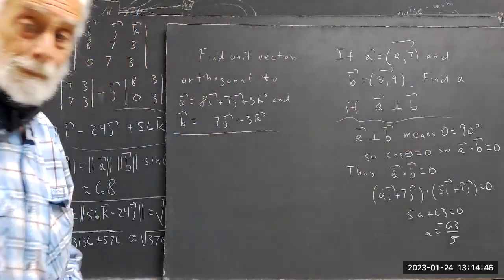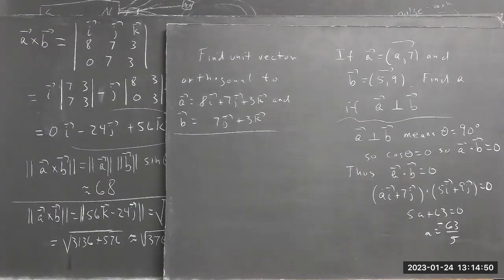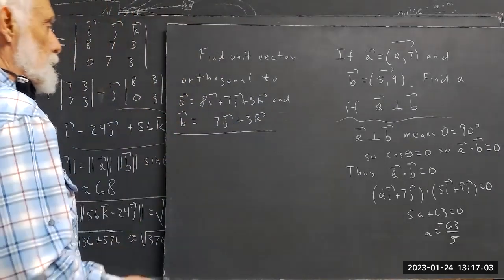So go ahead. Just see what you get in just a couple of minutes. And notice that we've already calculated the cross product of those vectors. They're the same ones we used before. Well, okay, so I'm going to find a unit vector orthogonal to these first.